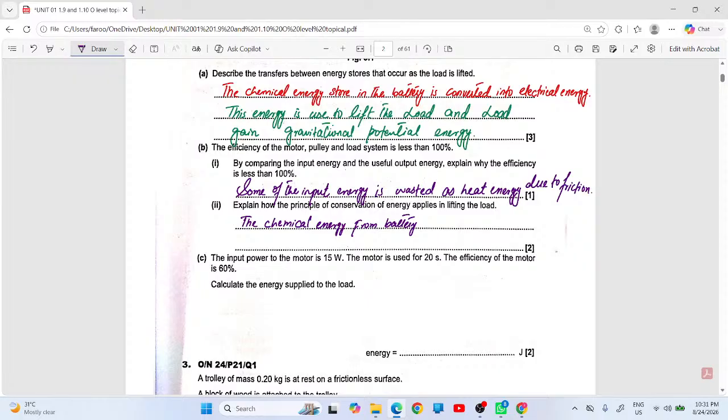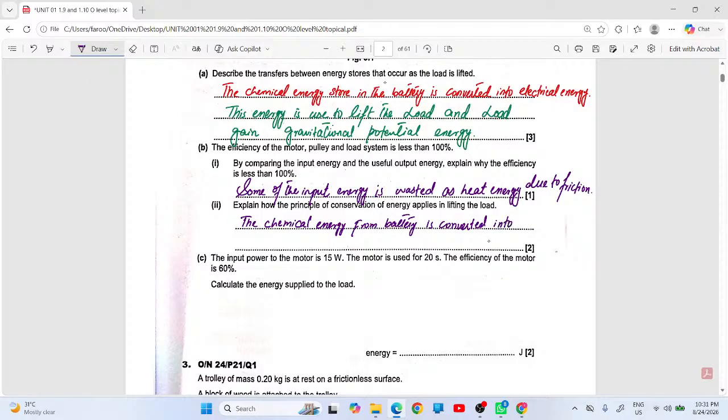ठीक है. Next is the chemical energy from battery is converted into, किसमें convert हुआ है?